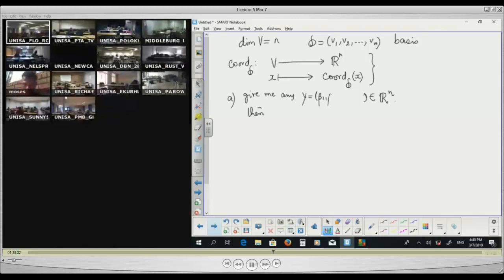Then y, this is a member of V, and the coordinates of y with respect to the basis B is actually this, and y is the unique such.